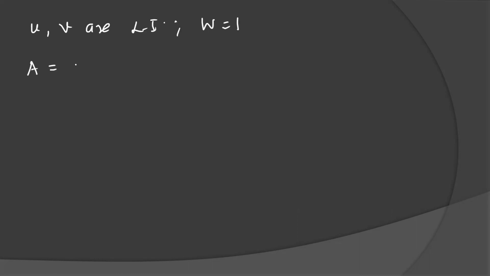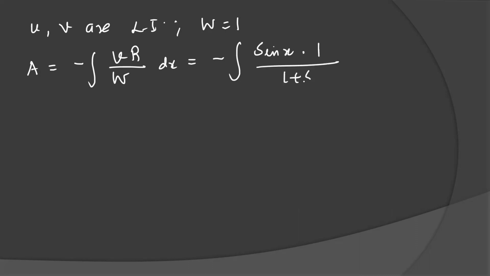Then the formula of a is given as minus integral of VR over W dx. So minus v is actually sin x, r was 1 over 1 plus sin x, and W is 1, so no problem. So we have to integrate this term, minus sin x over 1 plus sin x.